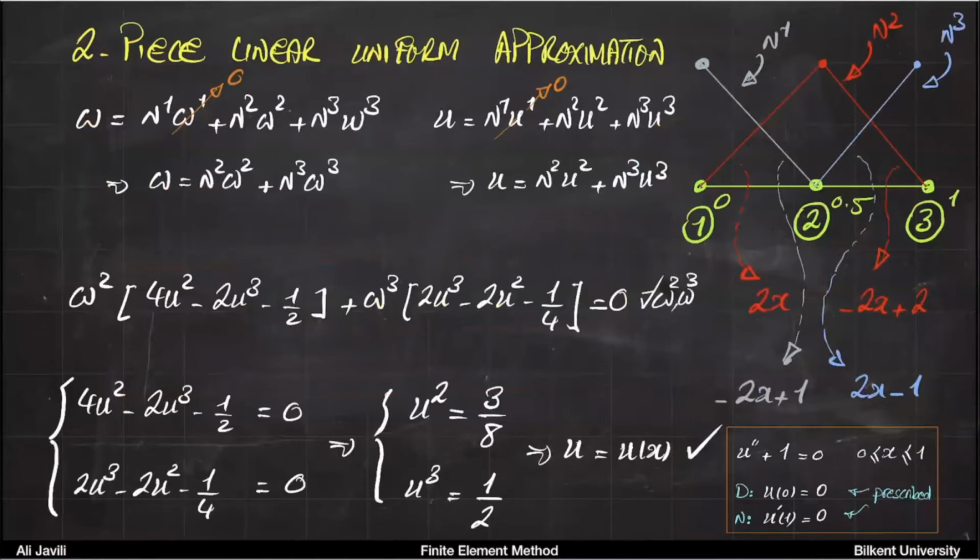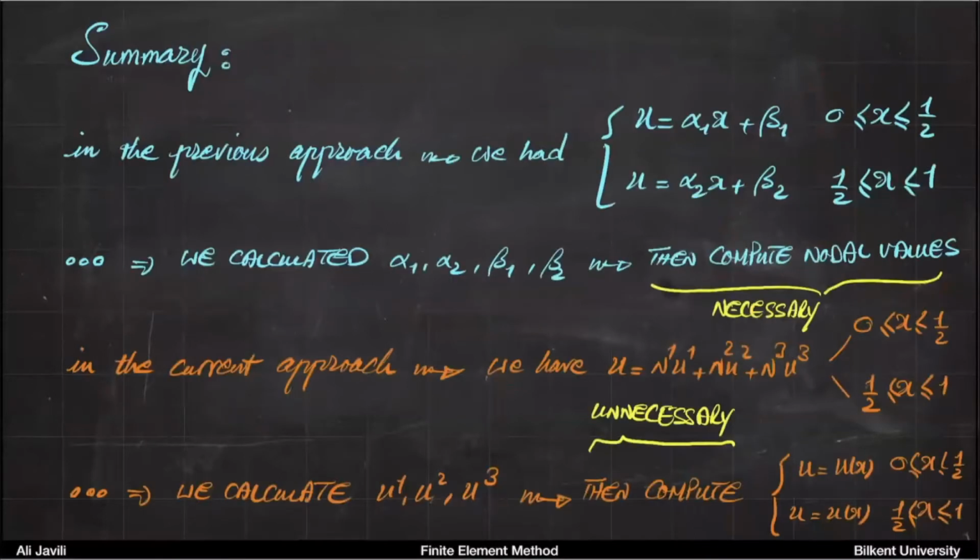But later in this lecture, we also learned that these two pieces can be treated as two single pieces and assembled together. And we summarized the difference. In the first approach, you are looking for the coefficients of polynomials. In this approach, you are calculating the nodal displacements.